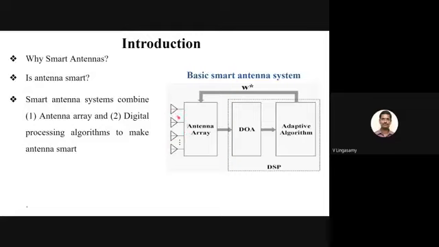It is not that if I want to steer the beam in any direction, I can. This antenna array has a limitation. Two or three years ago, they were talking in terms of plus minus 50 degree beam steering. Now telecom operators want us to do plus minus 60 as well.